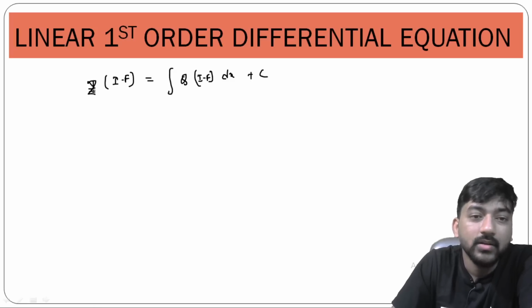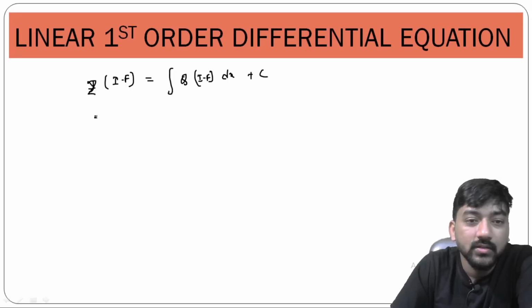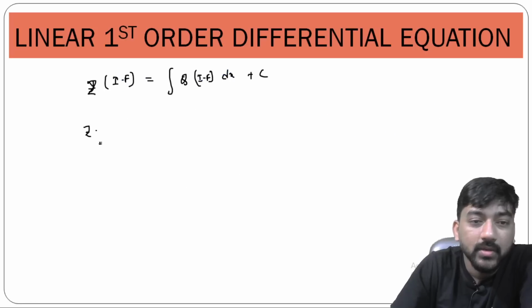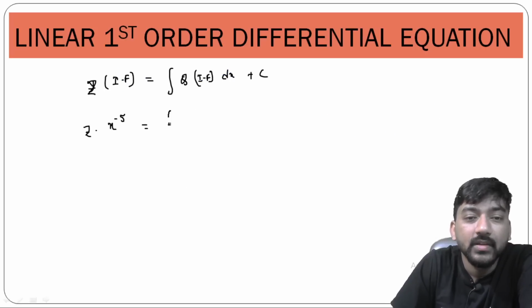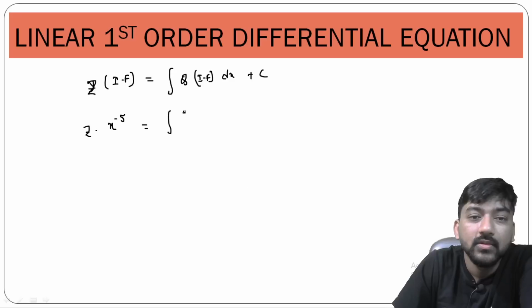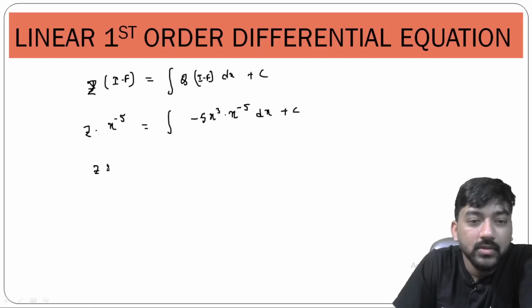At last you have to convert this z in terms of y also, but let me first solve this equation for z. So z into the integrating factor x to the power minus 5 is equal to integration, q here is minus 5x cube, so minus 5x cube into x to the power minus 5 dx plus c.